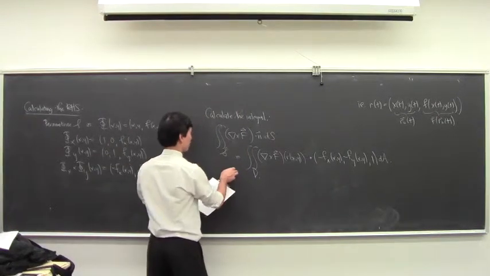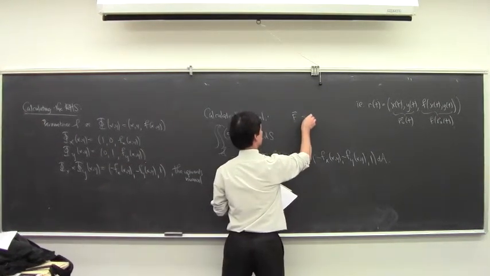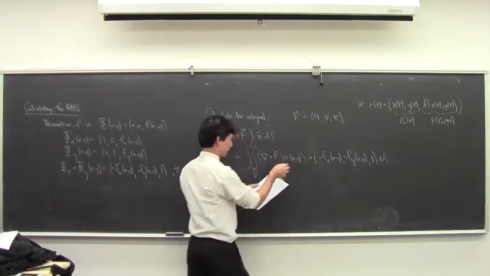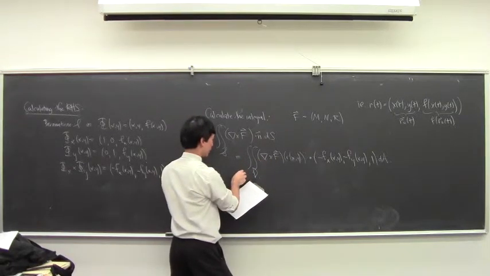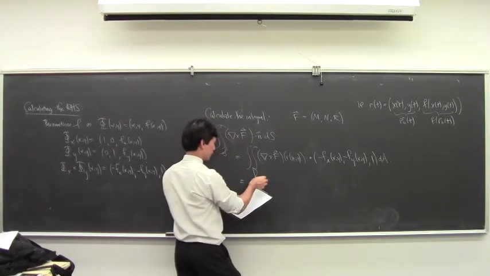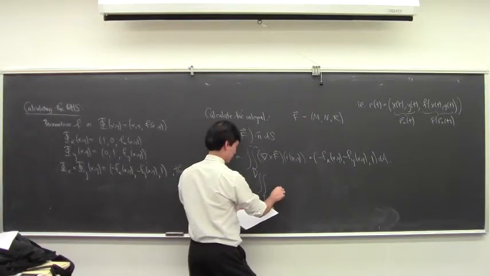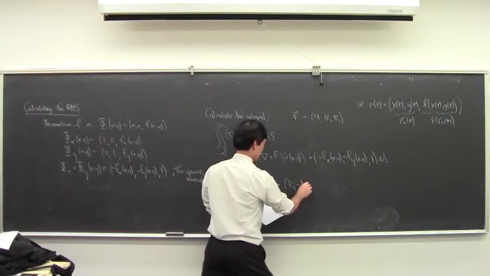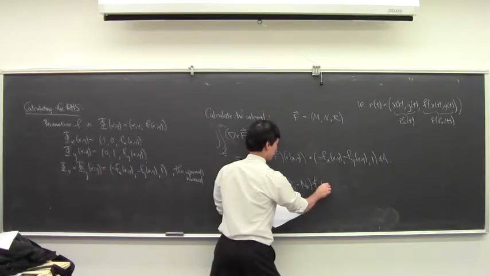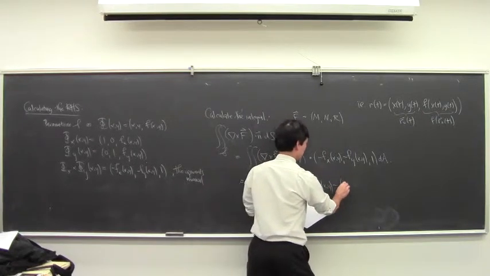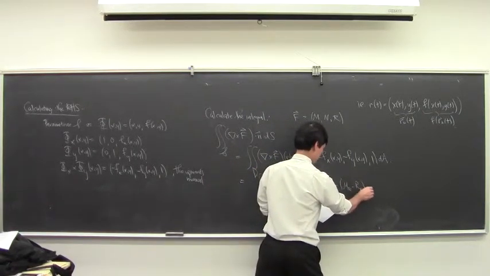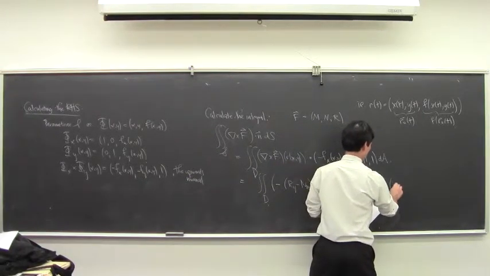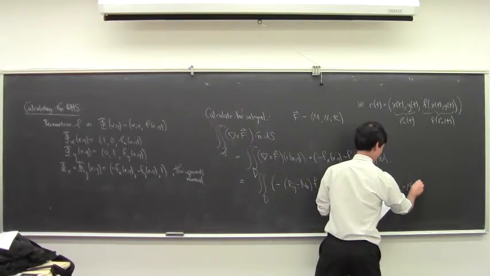Remember that F was M, N and R. When you take the curl and work this out, what you get is negative (R sub y minus N sub z) f sub x at (x, y), times 1, minus (M sub z minus R sub x) f sub y at (x, y), plus (N sub x minus M sub y) times 1.